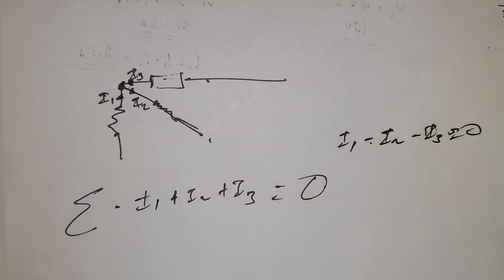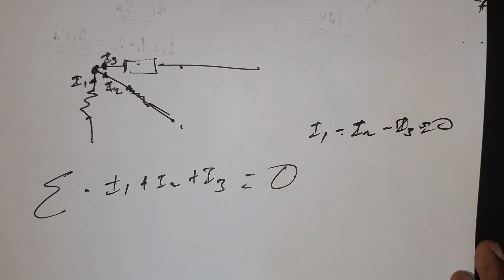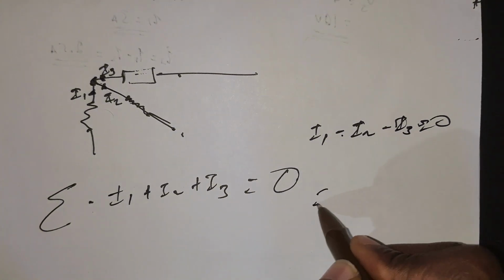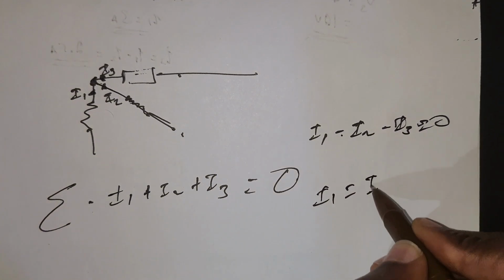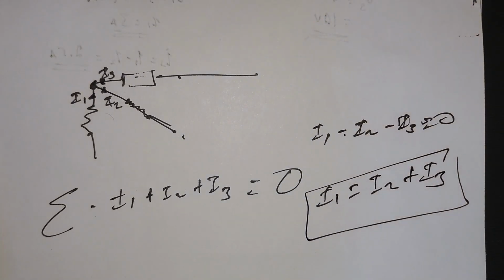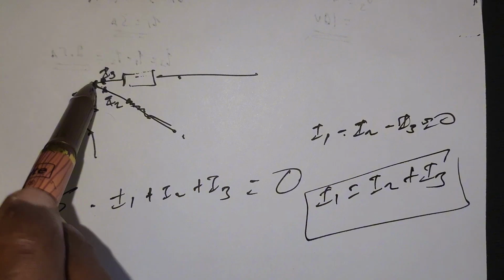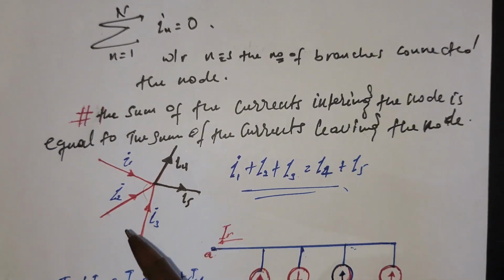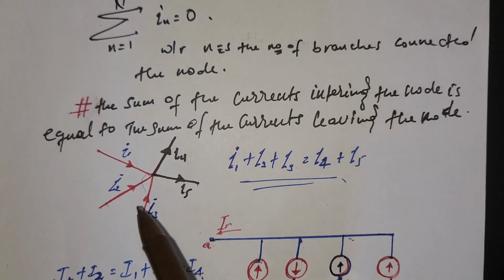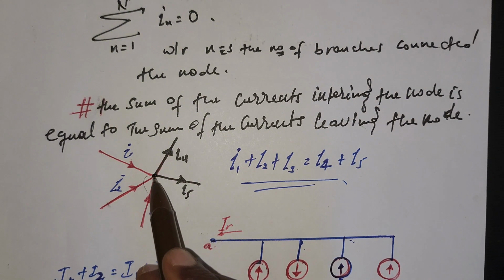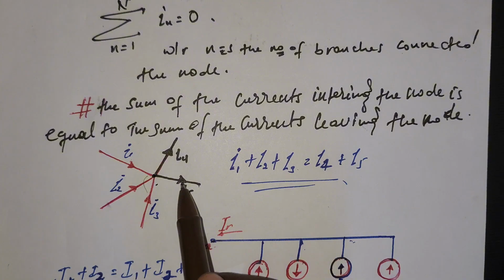So in order to help us solve problems or analyze a circuit, I1 can be I2 plus I3. Maybe there are multiple branches, just like this. As you see, this is the node. These three branches are entering the node and these two are leaving the node.